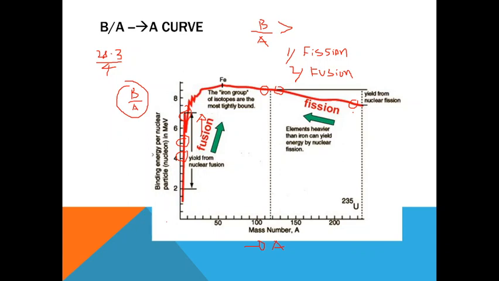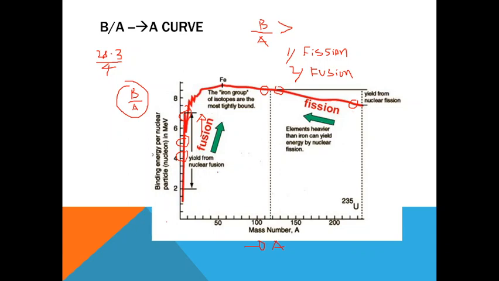So this graph gave nuclear physicists the idea of fission and fusion. This graph told us that if you are somehow able to break heavier elements, you will be able to release energy. Or if you are able to fuse two lighter elements, then by increasing B by A, you are able to release energy. So this was a very important piece.